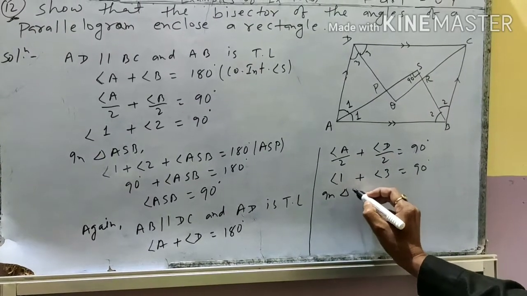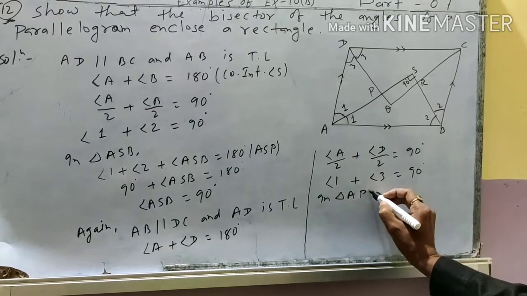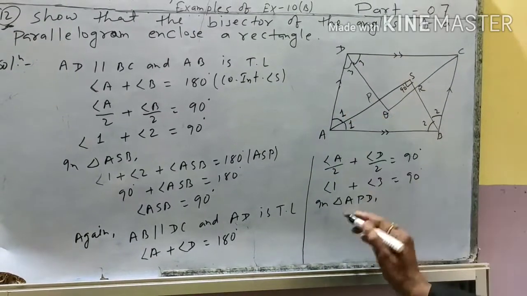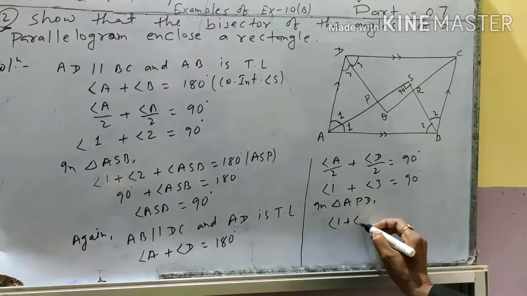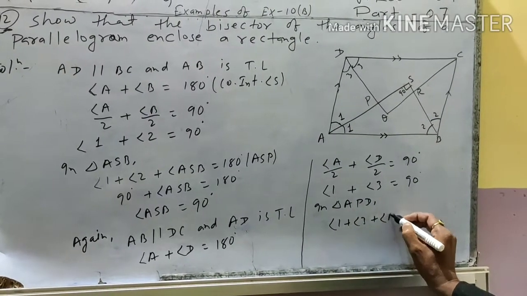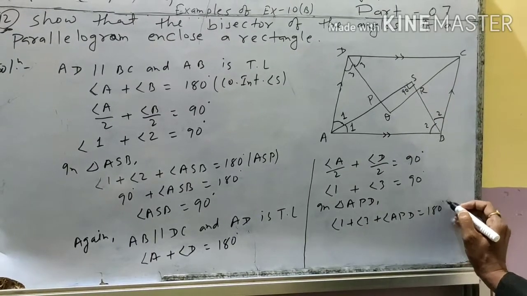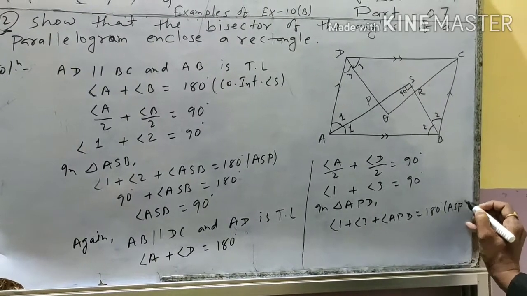Again, in triangle APD, angle 1 plus angle 3 plus angle APD is equal to 180 degrees by the angle sum property.